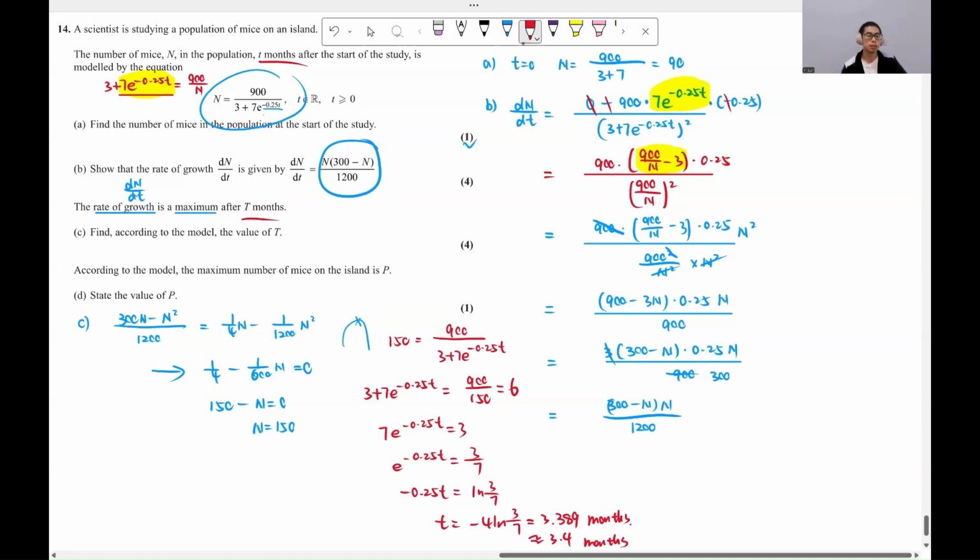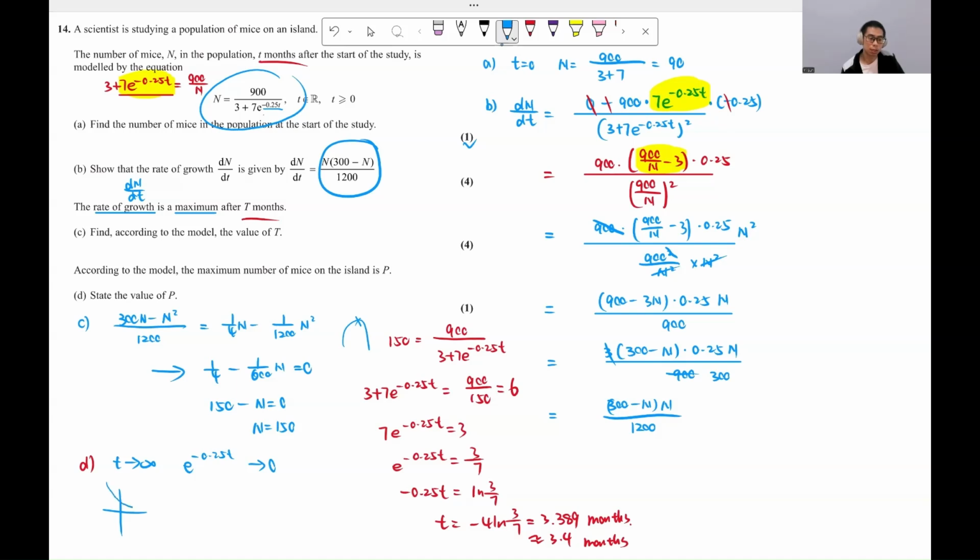Okay, and then part D. According to the model, the maximum number of mice is P. State the value of P. So if you want to work out the maximum number of mice, we can just let t go to infinity. So if we let t go to infinity, then e to the power negative 0.25t should go to 0, because that's how the exponential diagram looks like.